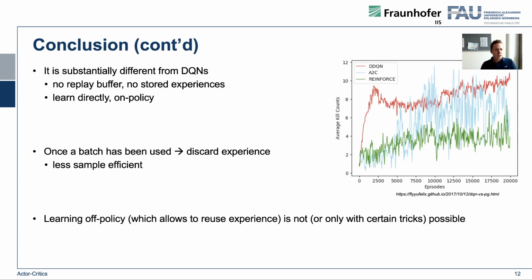Okay, so as a conclusion for policy-based reinforcement learning, what you have seen is maybe substantially different from what we have seen with value-based reinforcement learning, in particular with DQNs. There is no replay buffer in policy gradients, there are no stored experiences that we can reuse, because we learn directly on policy.